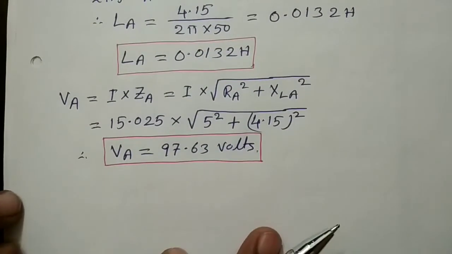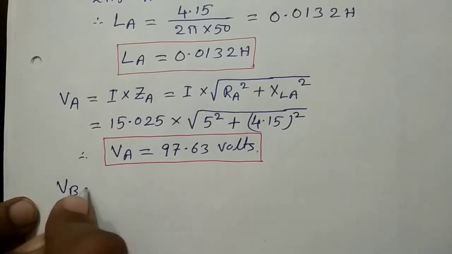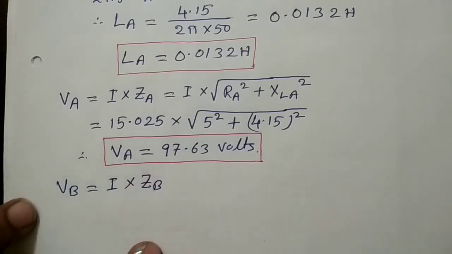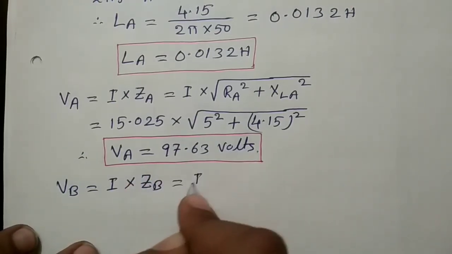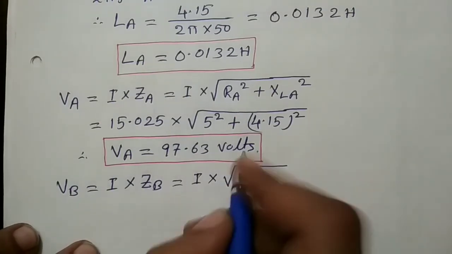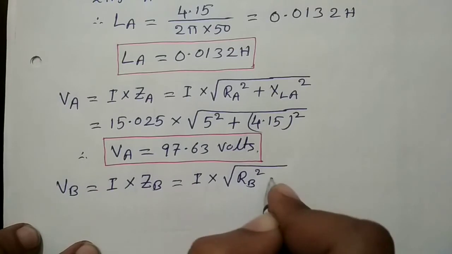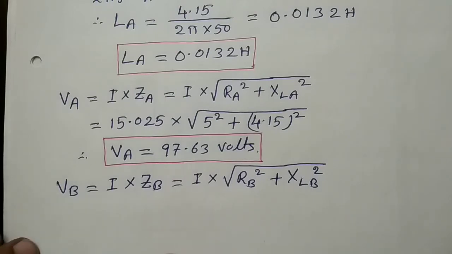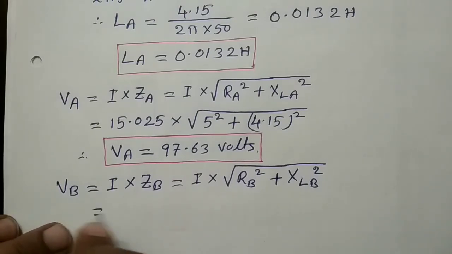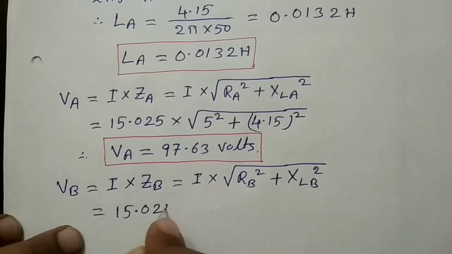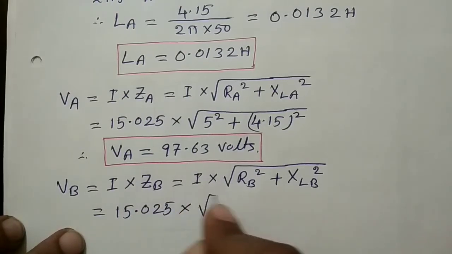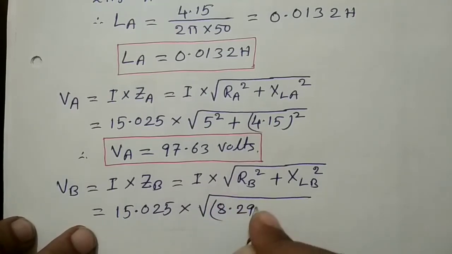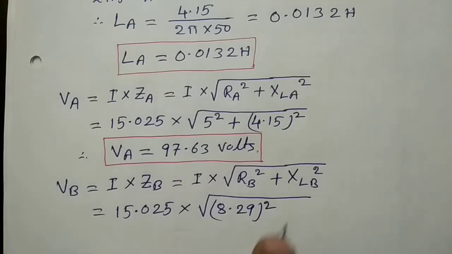Now the voltage drop across coil B. Again it is current into impedance of coil B, and the impedance of the coil B is the square root of the resistance of the coil B square plus the inductive reactance of the coil B square. Current is 15.025. The resistance of the coil B we have calculated is 8.29, so it is 8.29 square.